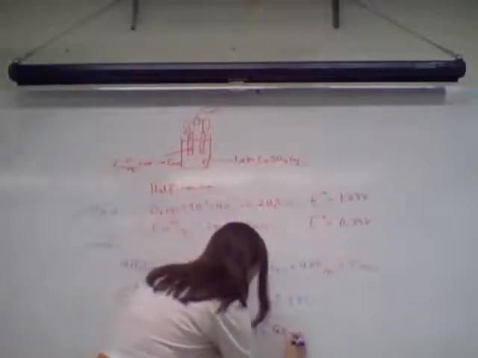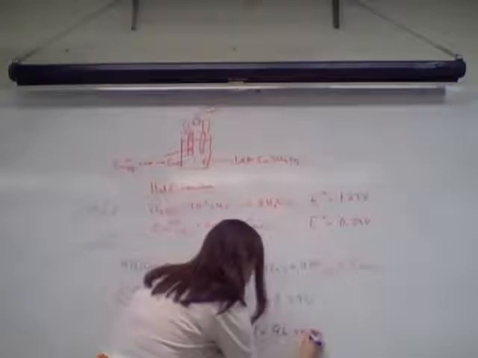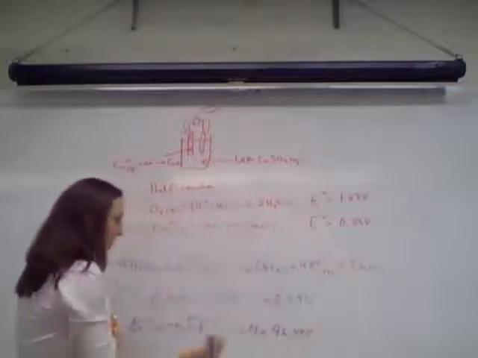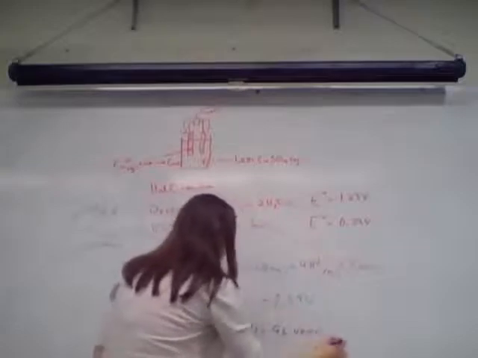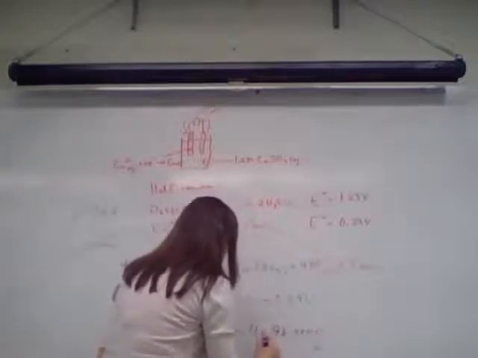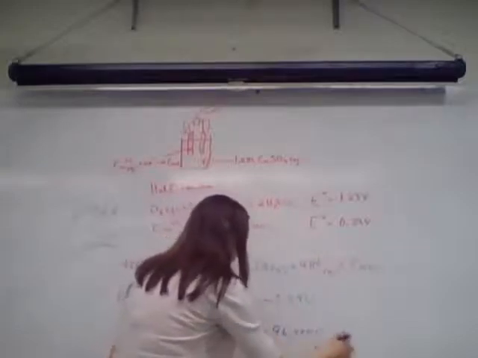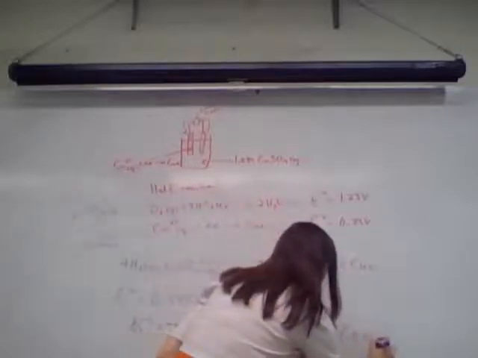You might see this in the rounded form of 96,500, or this form. This is always coulombs per mole of electrons. And then my E that I just found, that's a negative 0.89.